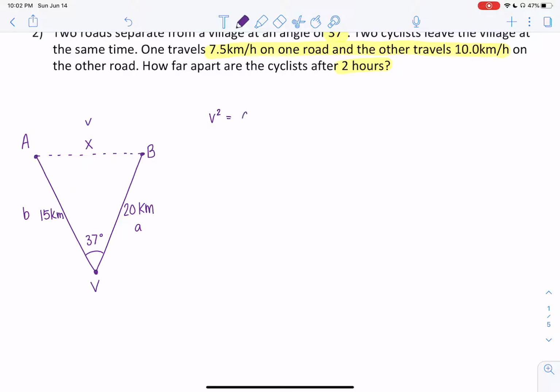Then we have our other two sides squared minus 2ab cosine of v. And now that I've labeled my triangle, it's very straightforward to plug all my values in. So v squared is 20 squared plus 15 squared minus 2 times 20 times 15 cosine of 37.